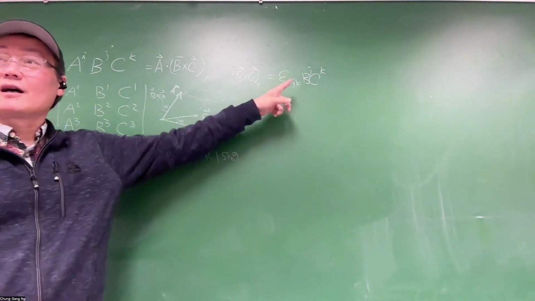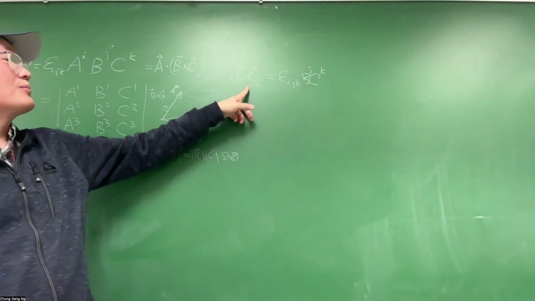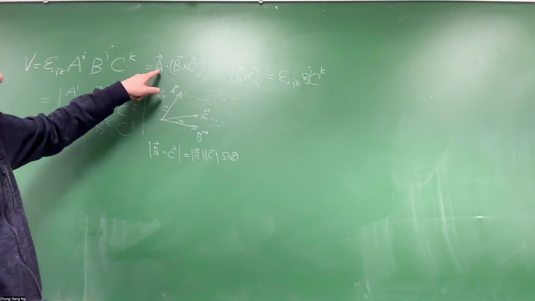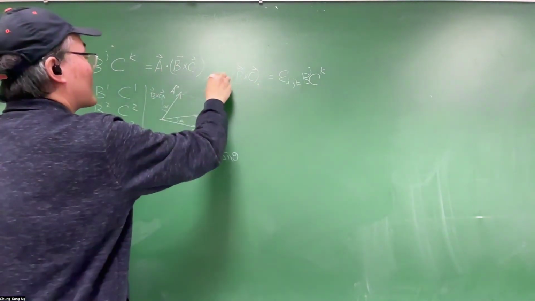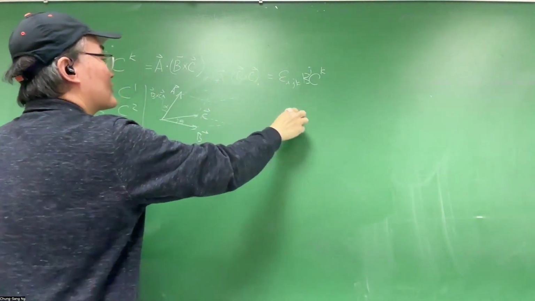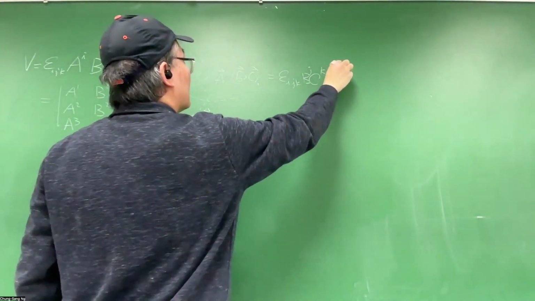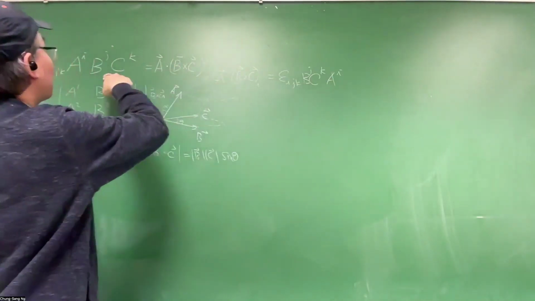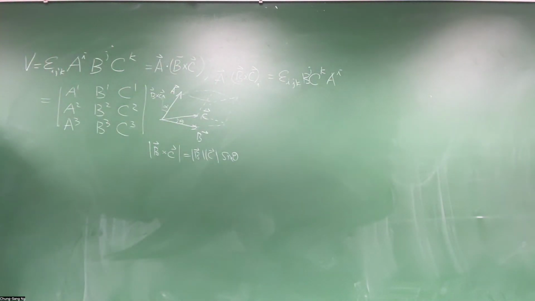That is how you calculate the cross product in component form. And then you do a dot product, so basically A dot this one means sum over i. Then this one is just this one. Okay.